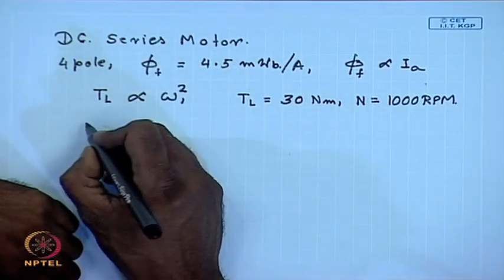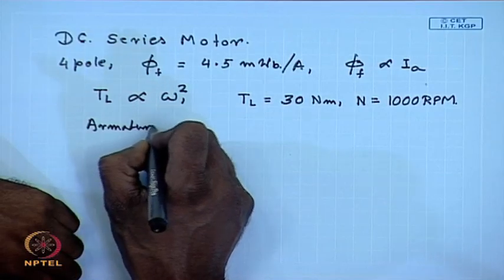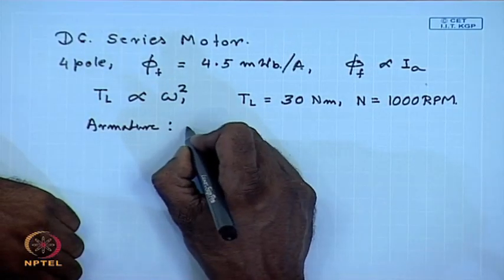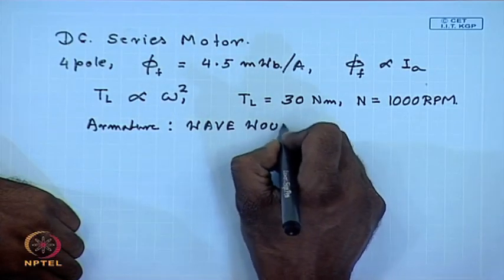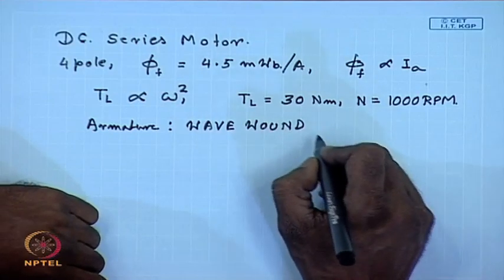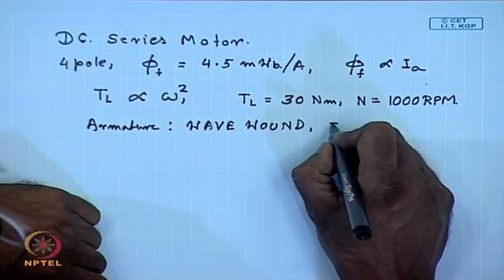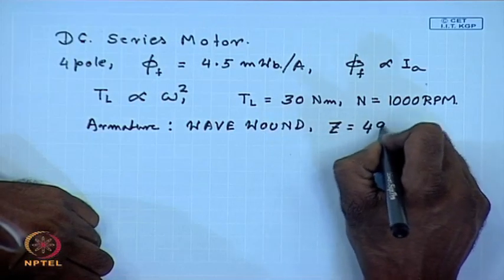The armature is wave wound, has number of conductors Z equal to 492.